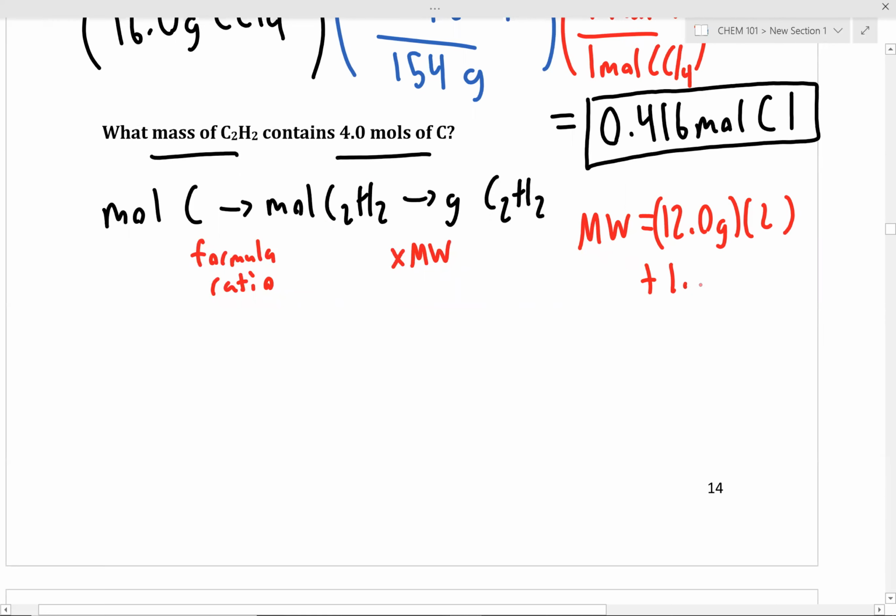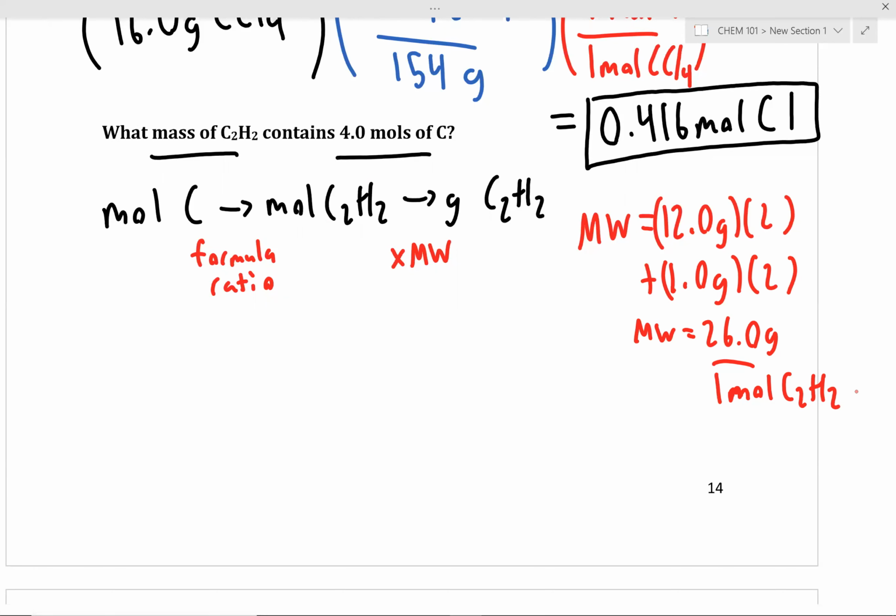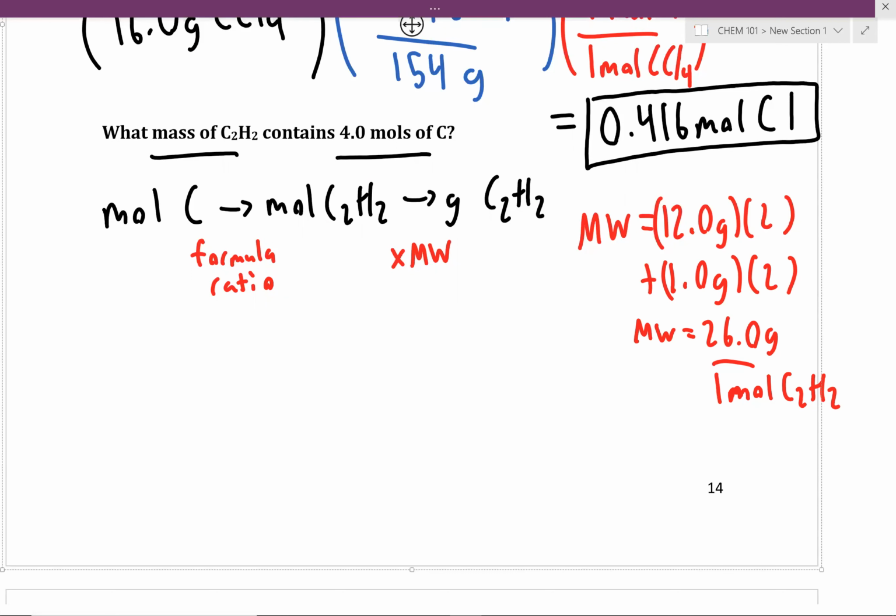Yeah, so we'll write this as 1.0 grams. And then how many hydrogen atoms do we have? 2. So that in turn gives us a molar mass. Our molar mass is equal to 26.0 grams in 1 mole of C2H2. Okay, perfect. We now have all the information we need to complete this problem.